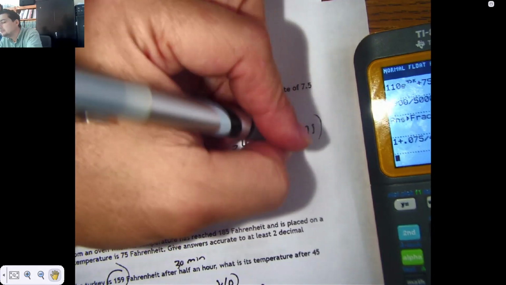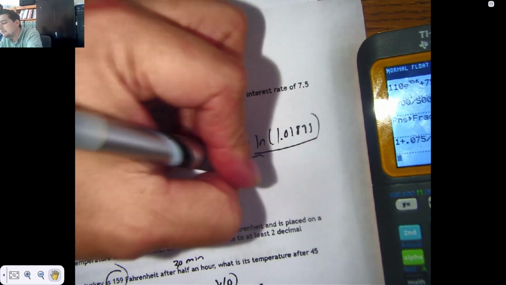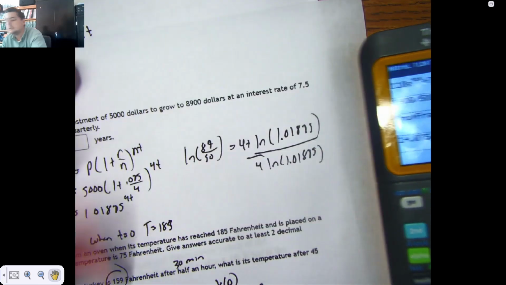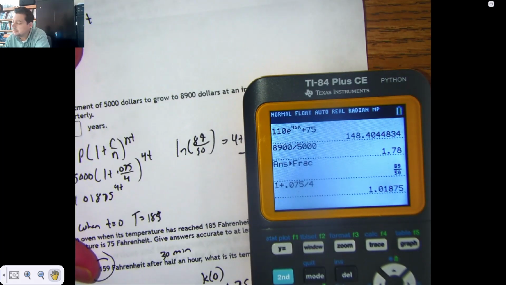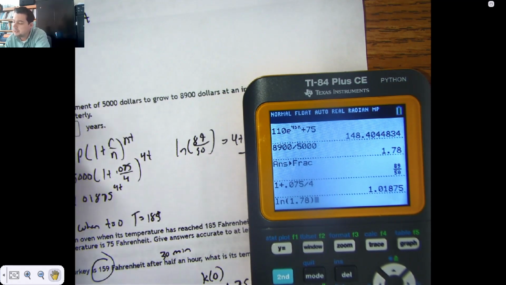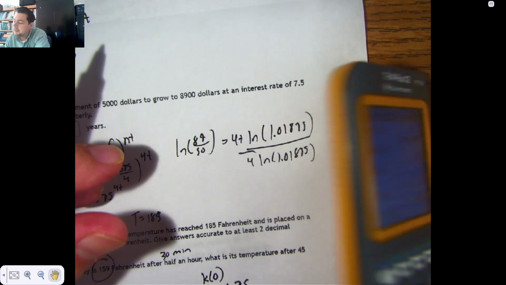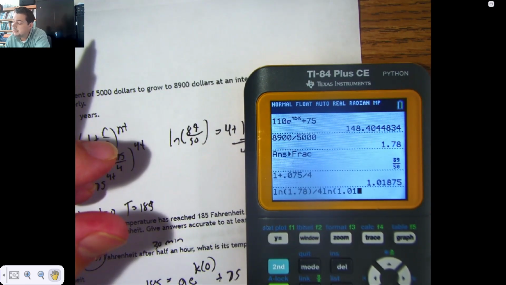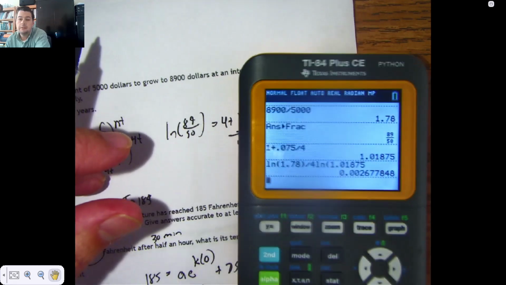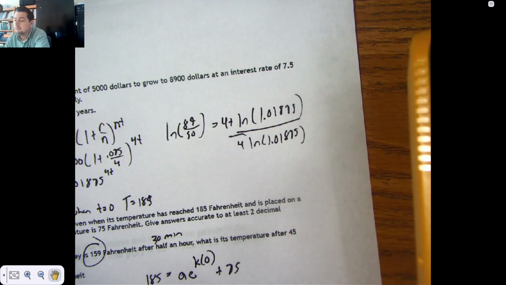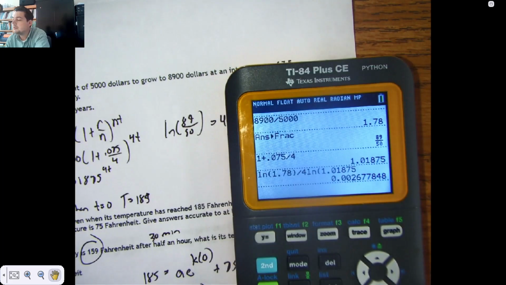All right, so divide both sides by 4 natural logs of 1.01875. So I got the natural log of 1.78 if you like the decimal. It's actually quicker to type in. Divided by 4 natural logs of 1.01875. Something seems wrong about that.